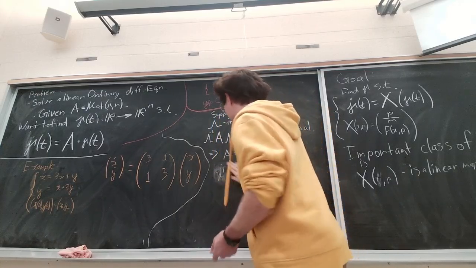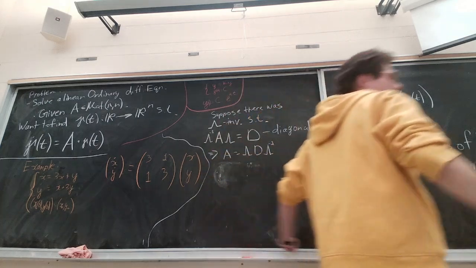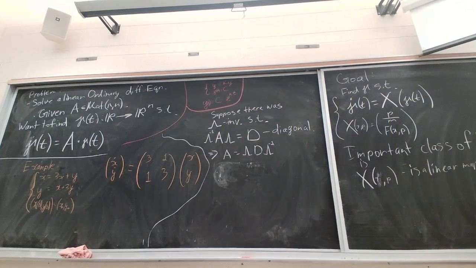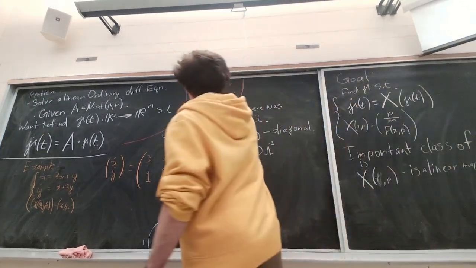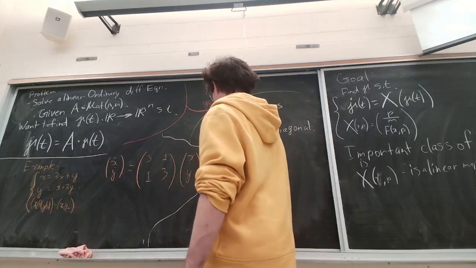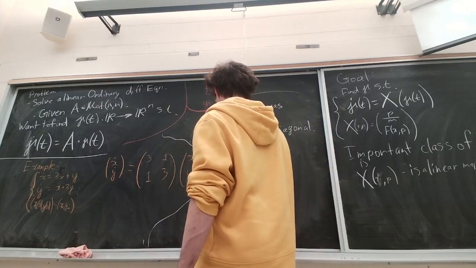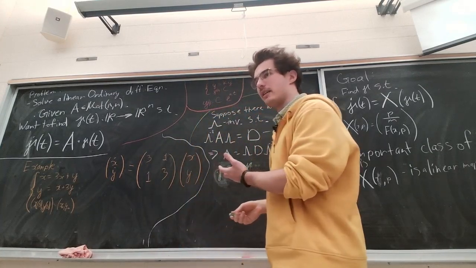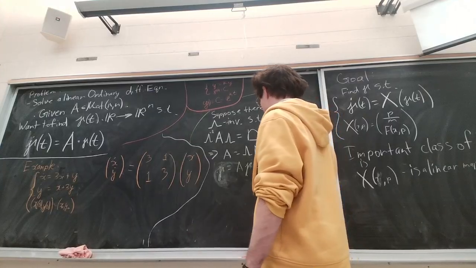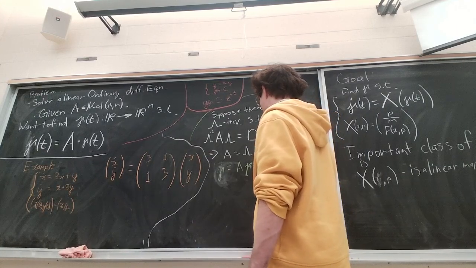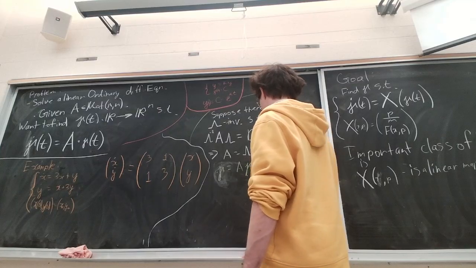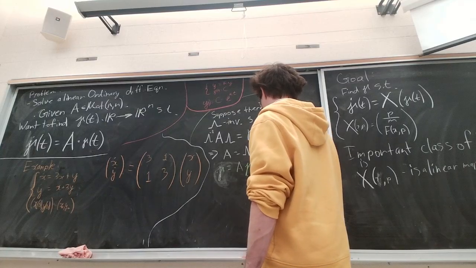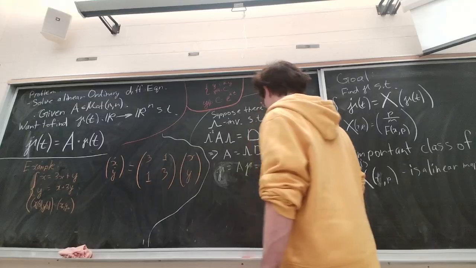Actually, I should start writing this in a green color, since this is a new idea. So gamma dot is equal to A of gamma. This is the equation we originally had. So now let's substitute this, D lambda inverse gamma, okay?